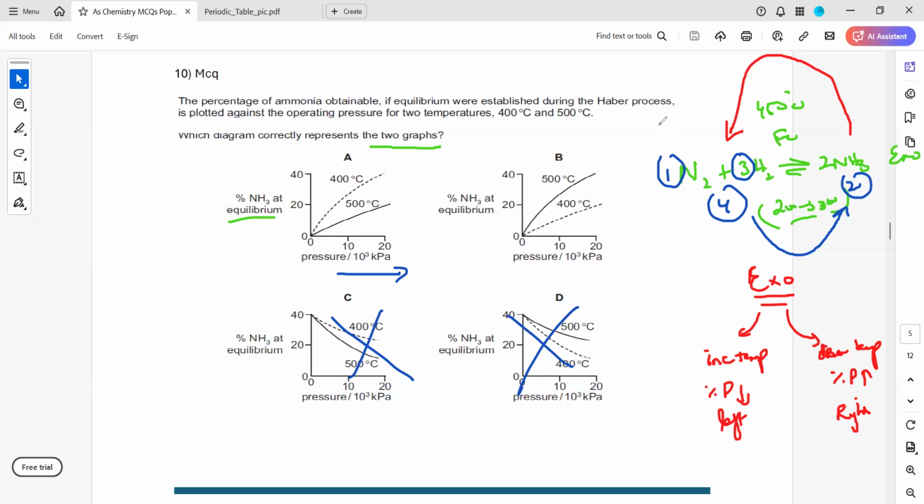And the reaction is exothermic, so it gives a higher yield at low temperature. So we have two options, A or B. But why do we select A? Because if the temperature is low, we get a higher yield. If the temperature is high, we get a lower yield. Is it clear? Question 10.